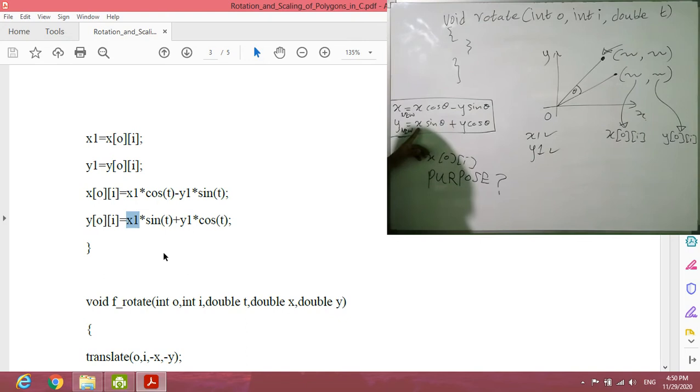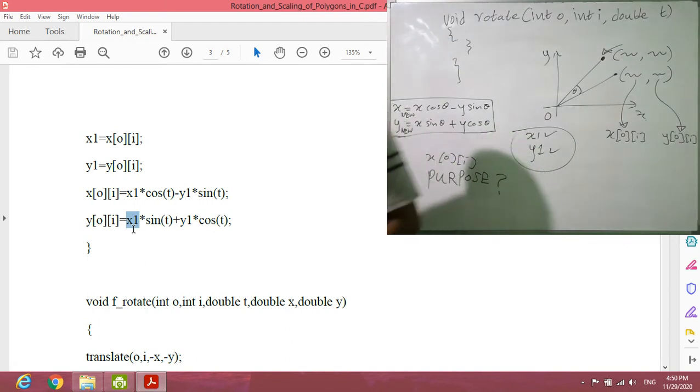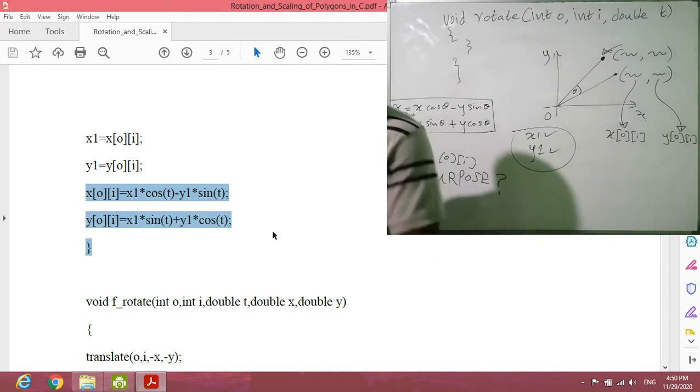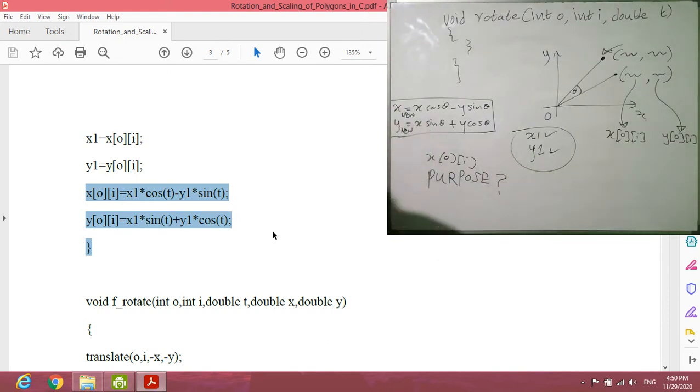Here you have to use the previous x coordinate of the original point. But here, if we directly use these values, we would use the new x coordinate. So that will give us erroneous results. Therefore, first we assign the coordinate to x1 and y1, then perform the calculations. Okay, now think about it again and try to understand.